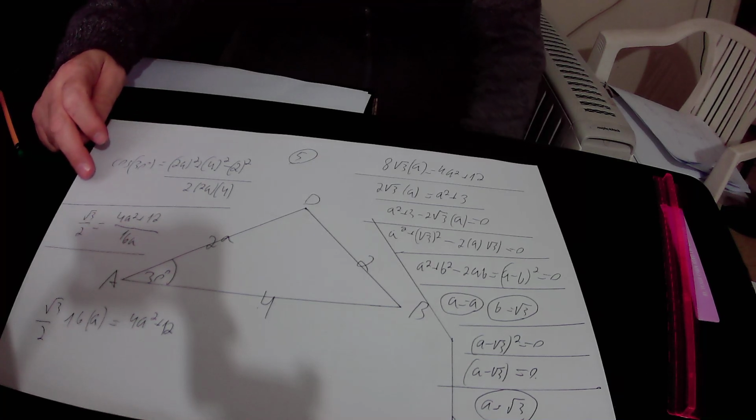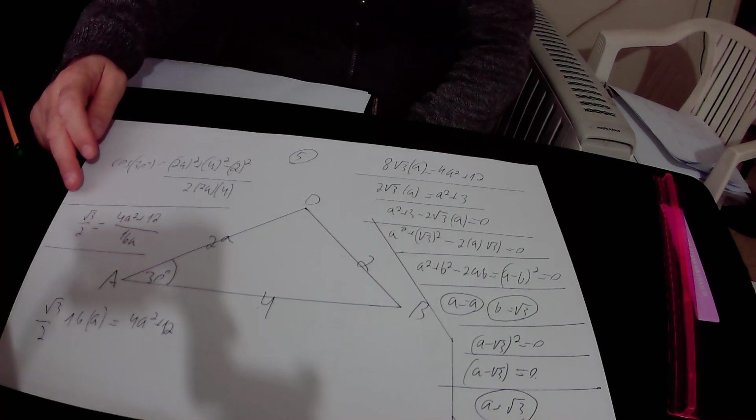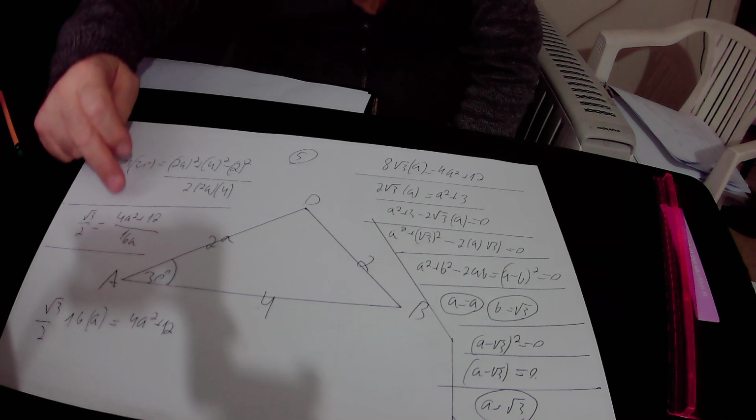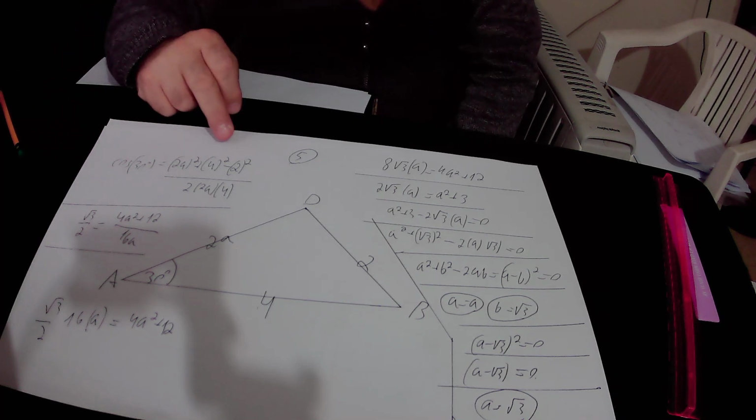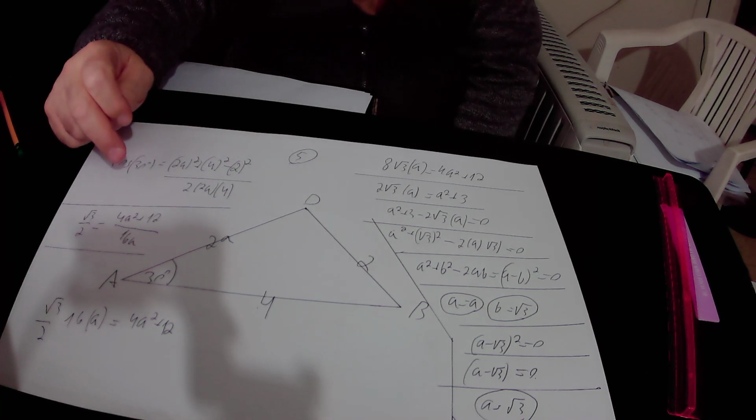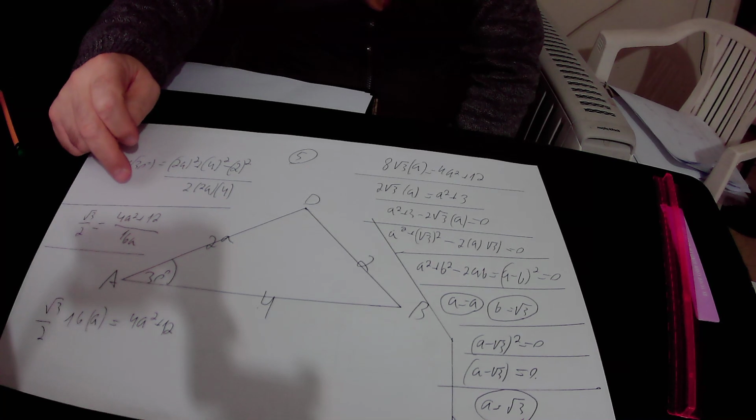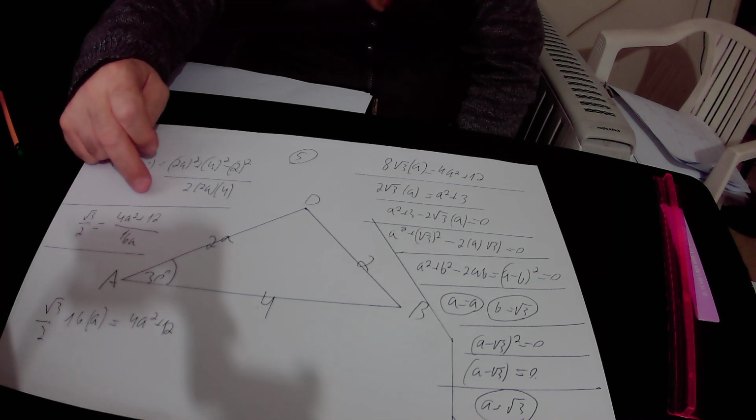Cosine 30 degrees equals square root of 3 over 2. (2a) squared is 4a squared. 4 squared is 16, minus 2 squared is minus 4. So 16 minus 4 is 12. So in the numerator we have 4a squared plus 12.